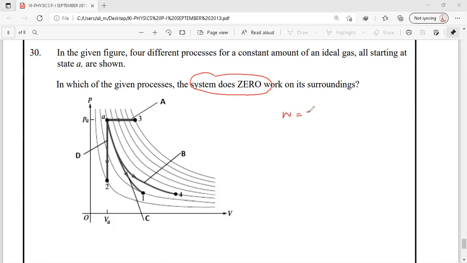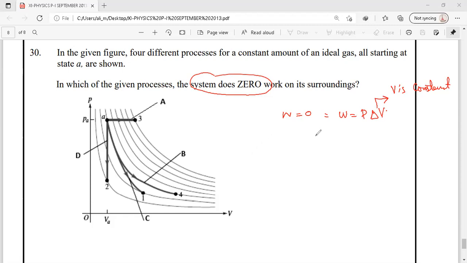Work done is equal to P delta V. So work done is zero only when the change in volume is zero, or volume is constant. If volume is constant, there is no change in volume, so the work done will be zero.